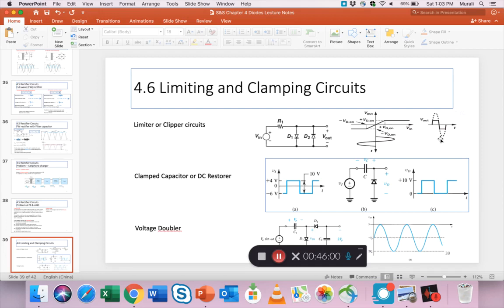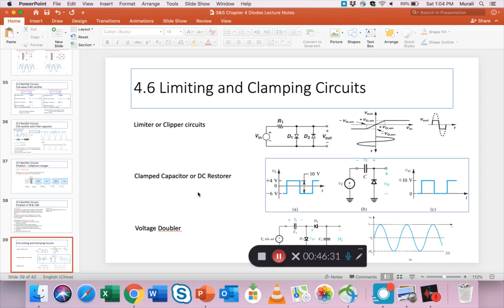So that property is called clipping or limiting, and it is useful for a number of applications. Okay. The next, and see how these diodes are connected in a rather interesting way. There's two back-to-back diodes, right? You might think, what good is that? But hey, now you can see what good it is. It helps to change the wave shape, the shape of the AC waveform.